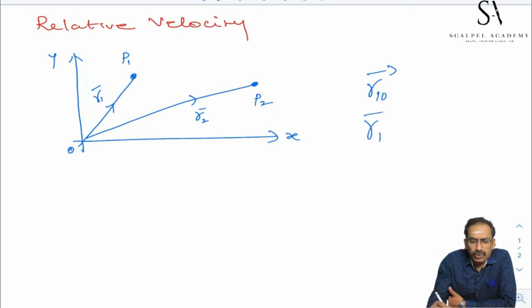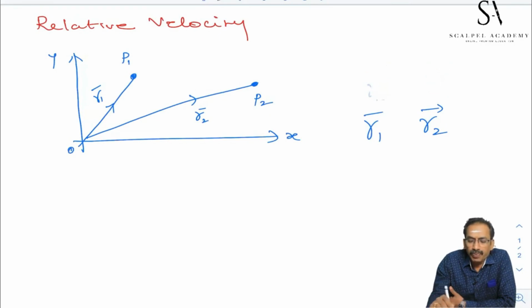Similarly, R2 is the position vector of P2, the second particle, with respect to the origin. It should be written as R20, but we usually write it as R2 vector.